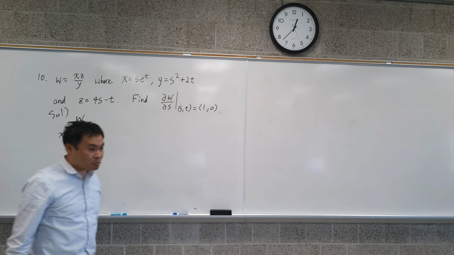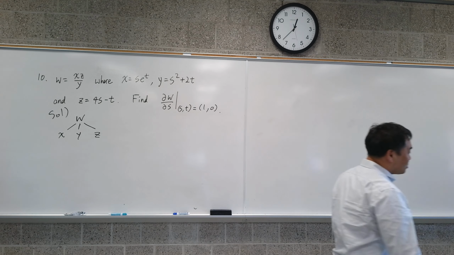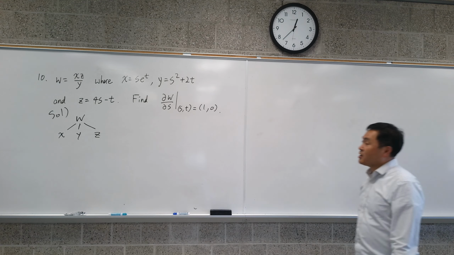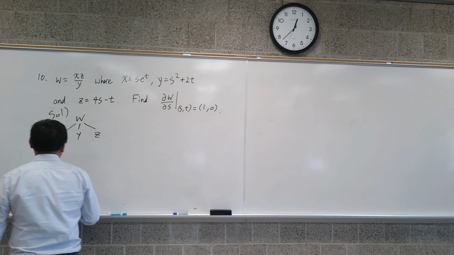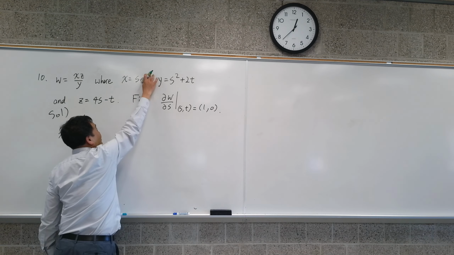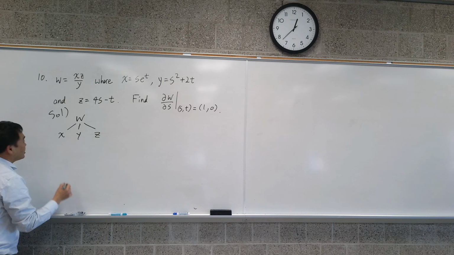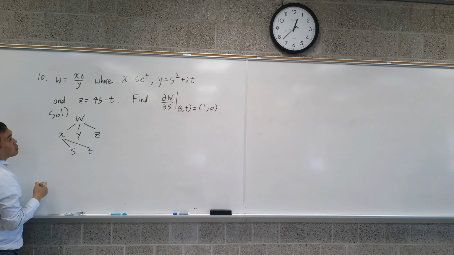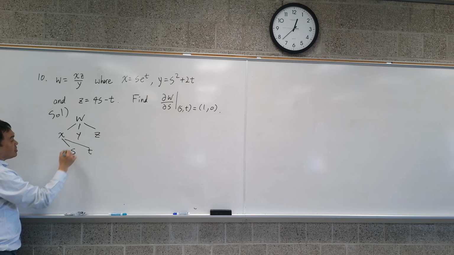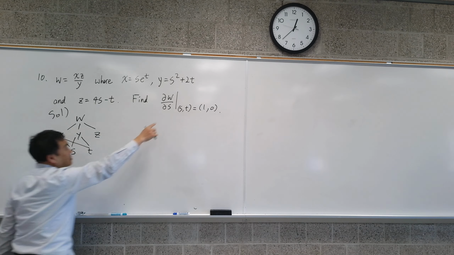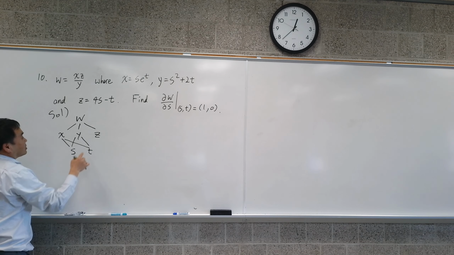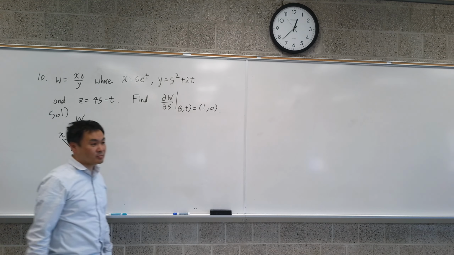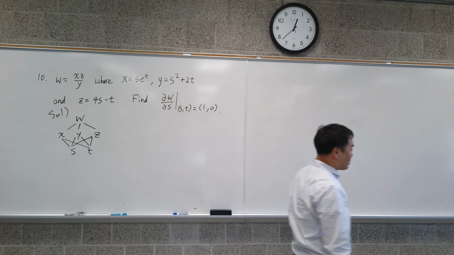If you look at x, x is a function of s and t. It has both s and t, right? Y is also a function of s and t, because it has s and also t. And z is also a function of s and t. Those are the dependence diagrams.